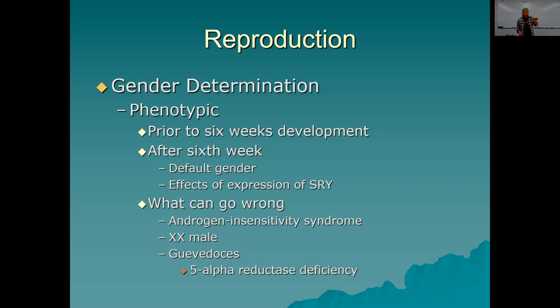I left out something when I first talked about testosterone turning genital folds into male genitals. Before the testosterone can do that, it has to be converted to what's called dihydrotestosterone by an enzyme called 5-alpha reductase.